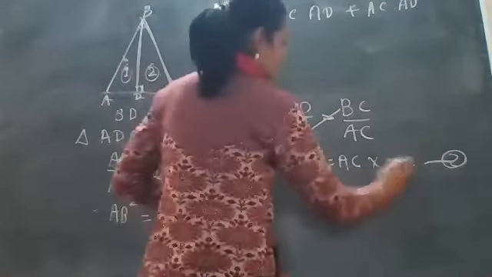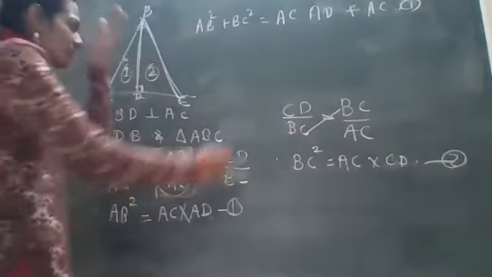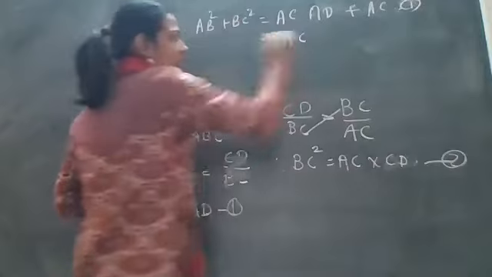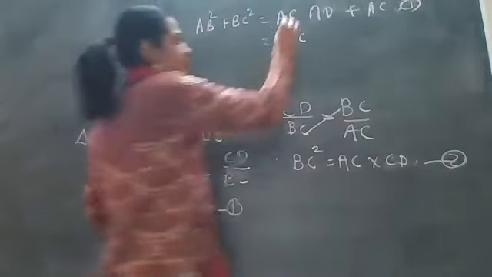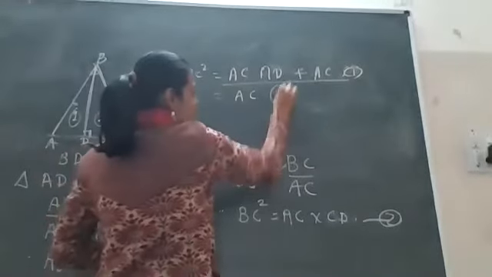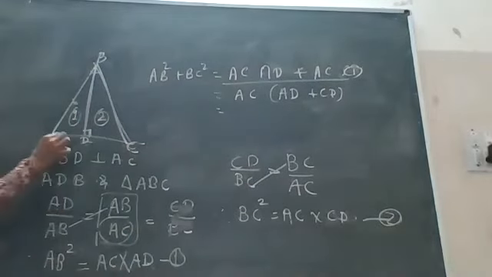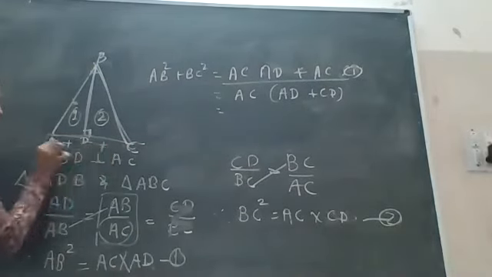Here AC into CD is there. So now what can we write? AC will be common. So remaining is AD plus CD. Now AD plus CD is equal to what?